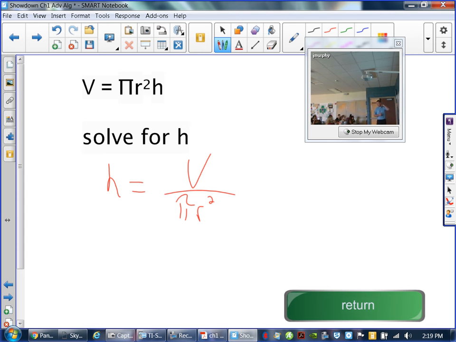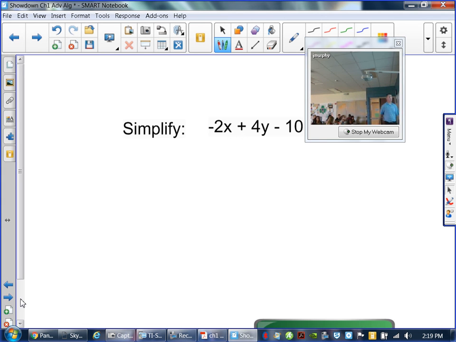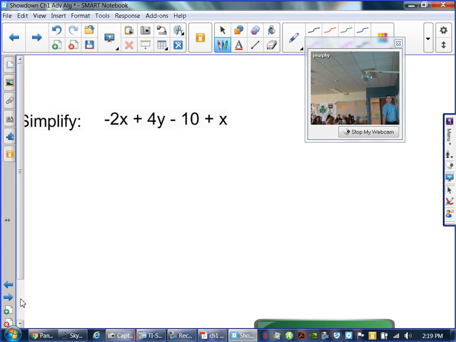This is literal equations. You did this last year in geometry. You've done a lot of this. Just trying to get the cobwebs out. That was 12. So we got 1, 2, we need 3. You could probably just look at that and get this right, I hope.